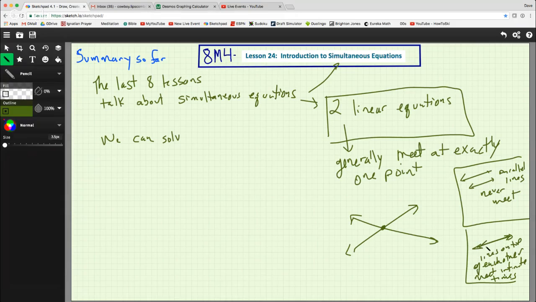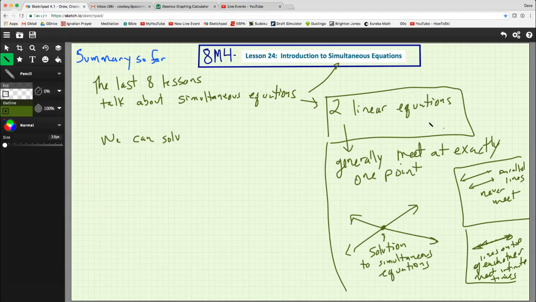Because if the lines are on top of each other, every single point on the line is a place where they meet. And this place where they meet is called the solution to simultaneous equations.